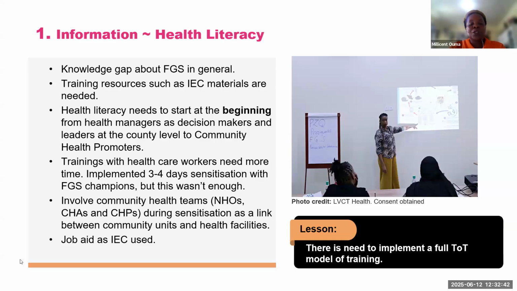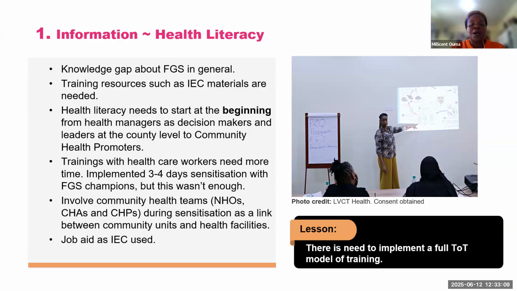We also had a session of sensitizing the community health teams, and that is community health promoters, community health assistants, and community health officers. Because this team are actually a link on how patients receive information from community level to the point at which they are referred to the facility and back to the community.